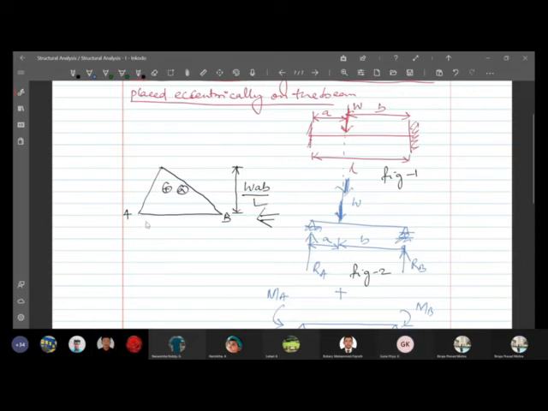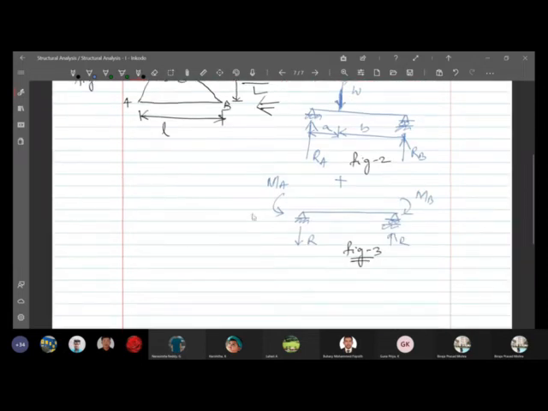Let us say this is figure 4, and this distance is L. Now what will be the value of this bending moment, here and here?